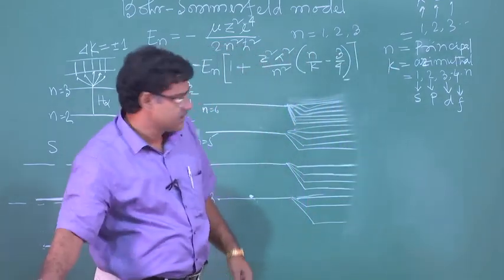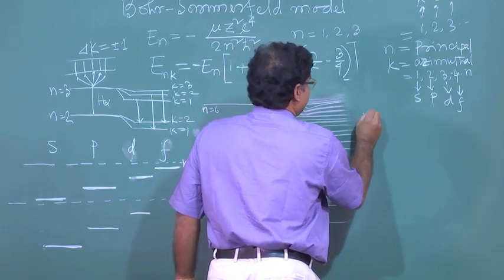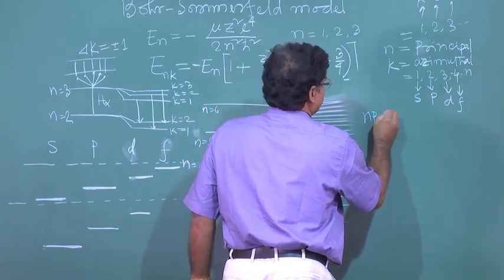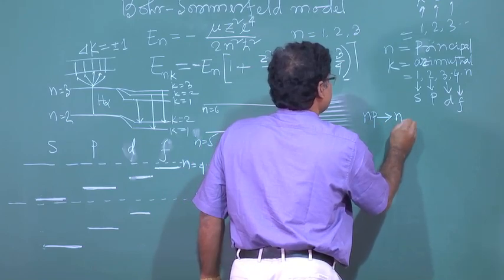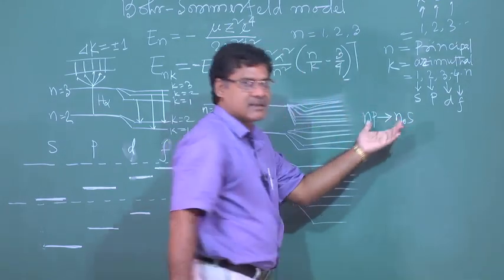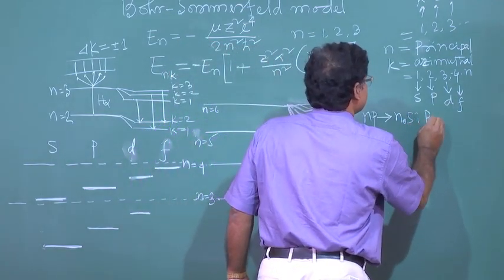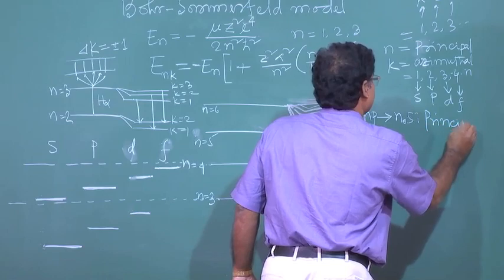What are those 4 series? It is Np to N0s. Okay. This transition gives the series called the principal series.